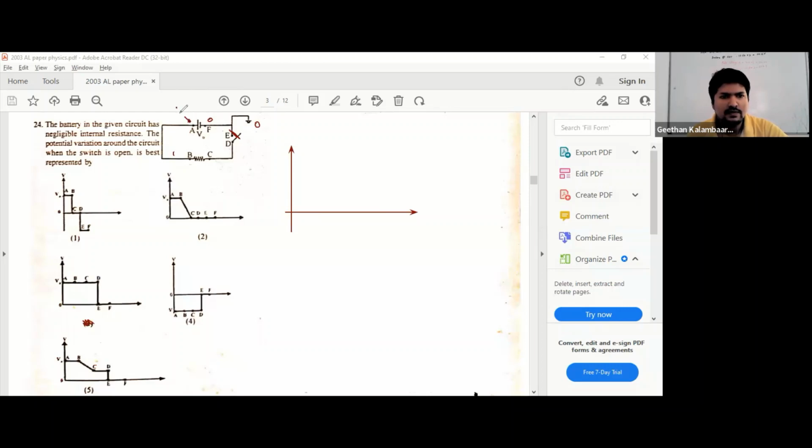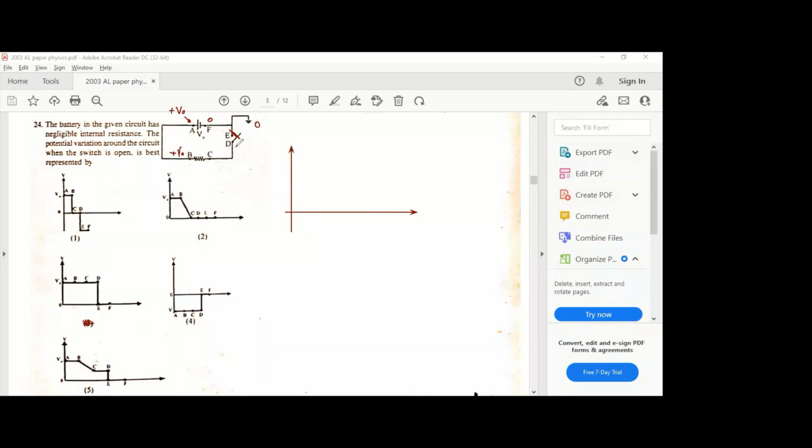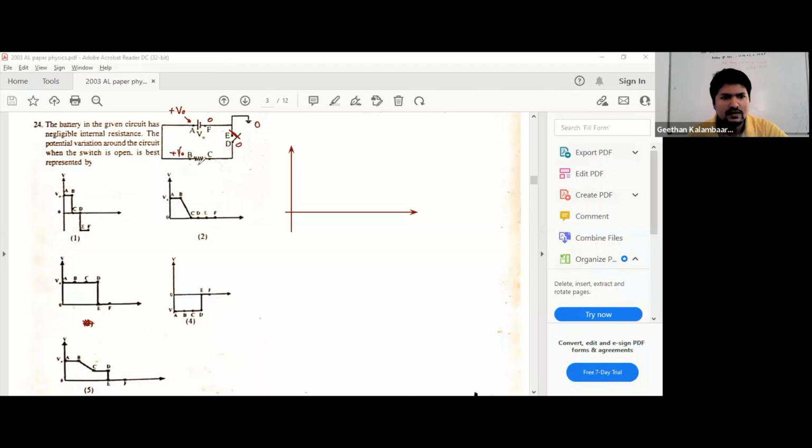So here again it will be V naught plus V naught. Here also plus V naught again. And here it's 0 at E, so at D also it's 0. So here also it's 0. So whatever the potential that you provide to the circuit will be used in the resistor given. So at A it will be V naught.